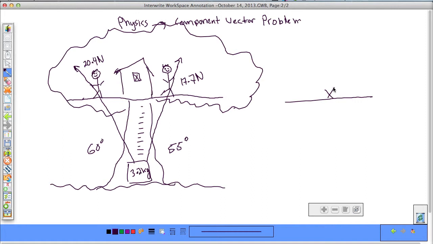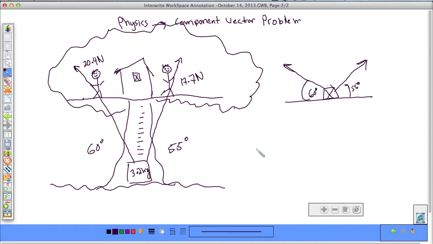So we've got the box, and we've got this vector right here, and we know that this one is 55 degrees, and we've got this vector right here, and we know that this one is 60 degrees. So there's that angle right there.